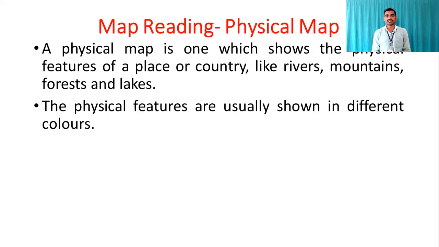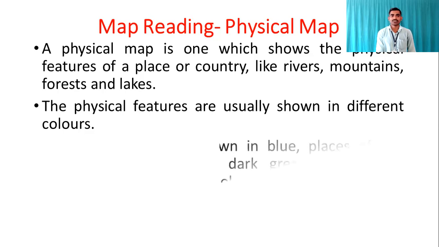All the physical features are shown on that physical map by using different colors. You might have seen the physical map, and on that you have different colors filled in that map. These are nothing but the color scheme that is used to show the different physical features of that particular place.